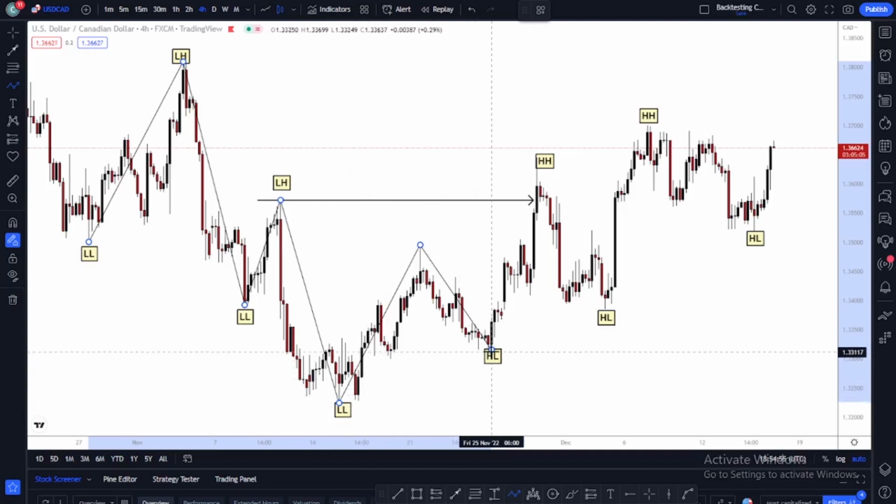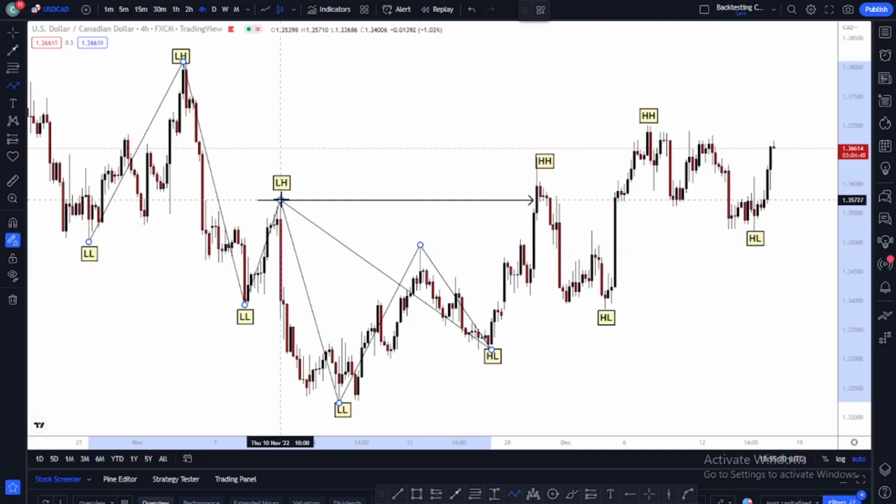Okay, and someone may ask, why didn't I mark this structure here as a lower high, or LH? My reason is because this lower high never closed below this lower low, so this isn't actually the last lower high price did.